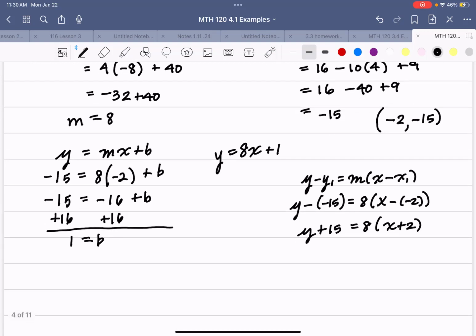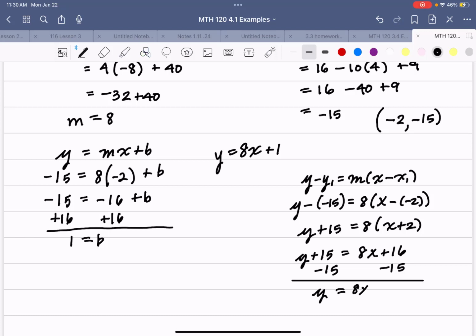And that's an acceptable format, or you can go ahead and clean this up to 8x plus 16 if you subtract 15. The main thing I wanted to show you here is that you would get the same answer, y equals 8x plus 1. So regardless of the method that you use, this is our tangent to the curve at the point when x is negative 2.